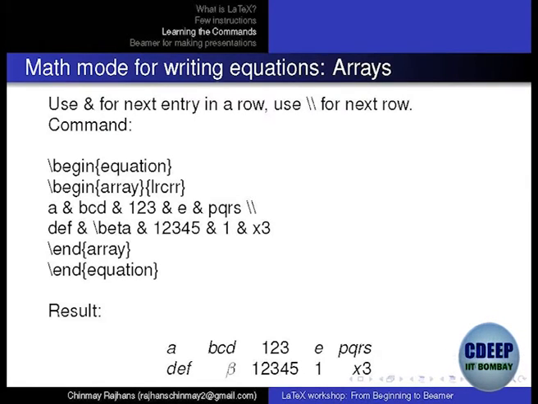The way you write array elements is you write the first element, put an and, and the and will shift the next thing to the next column. Once you are done with one row you put a double slash, go to the second row, and again put ands. Because this is inside the math mode, everything we have done previously is applicable.